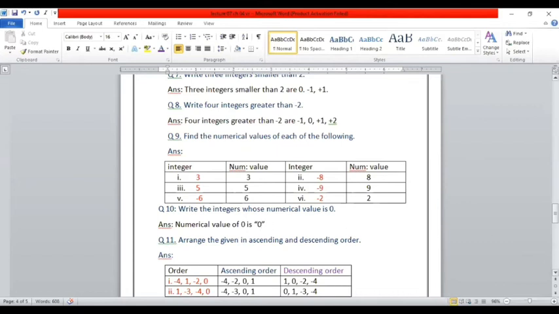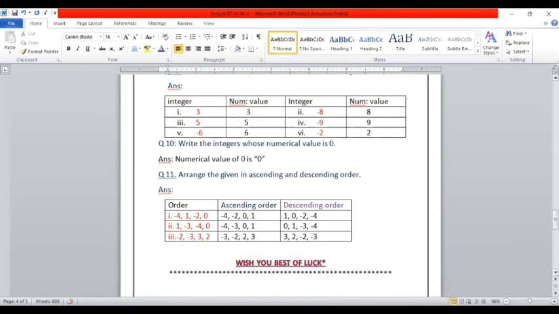Now here, in question number 11, arrange the given values in ascending and descending order. Dear students, I told you in the start that we have two orders.